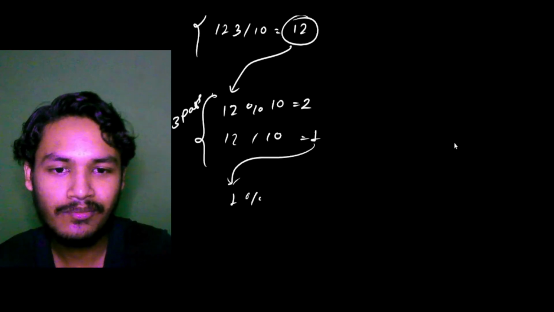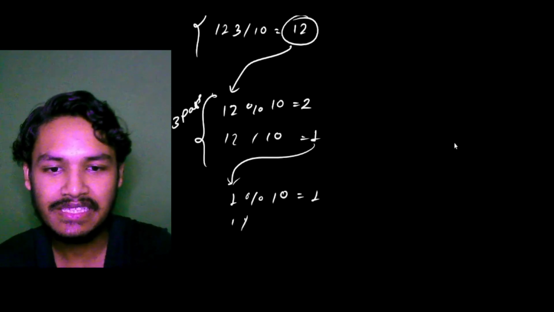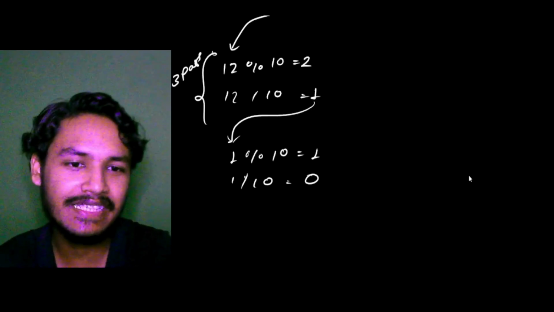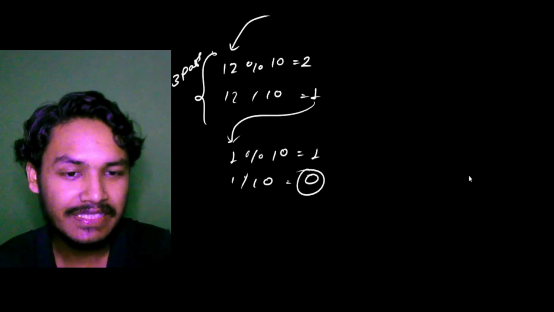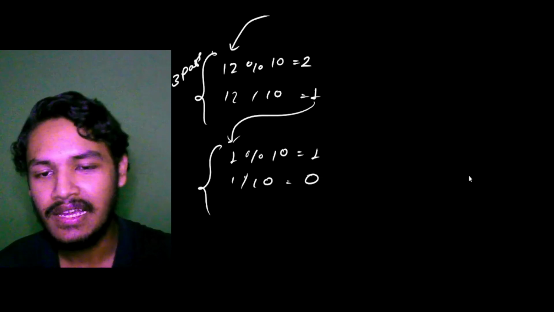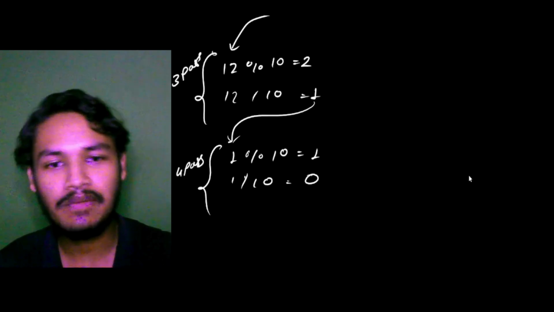So 1 modulus 10, we will get 1, and after dividing this number by 10 we will get 0. Here you can see the output is 0, so we have no need to do further passes, and this will be our last iteration.